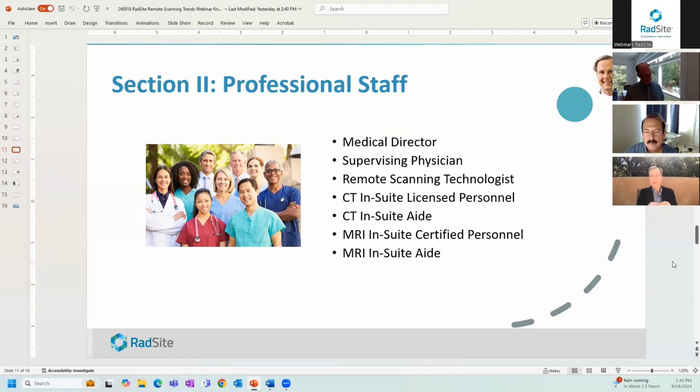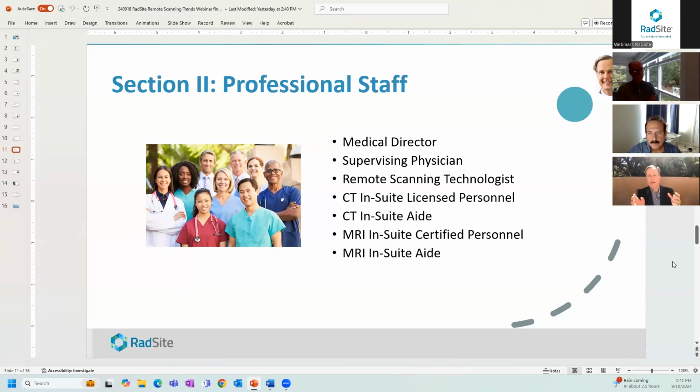Yeah, Dr. Siegel, we talked a little bit about this. To produce a quality scan safely, it really takes a team. And there are many different players. We alluded to them before, but what we do in the standards is really identify what the necessary standards are with respect to education, training, licensure, certification, roles, responsibilities, duties, and performance.